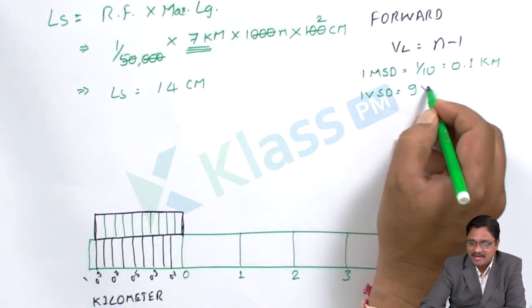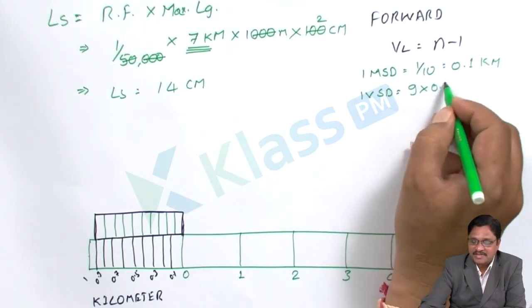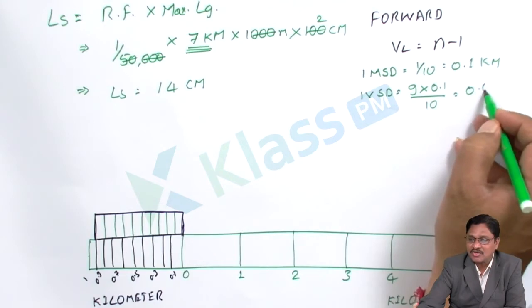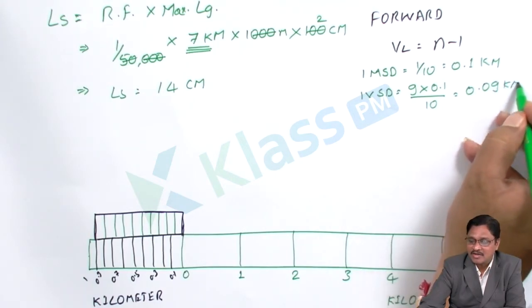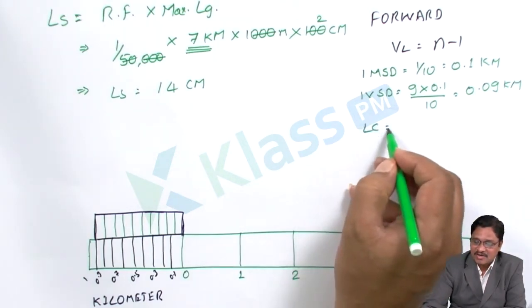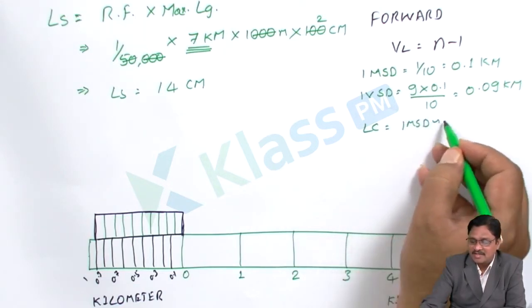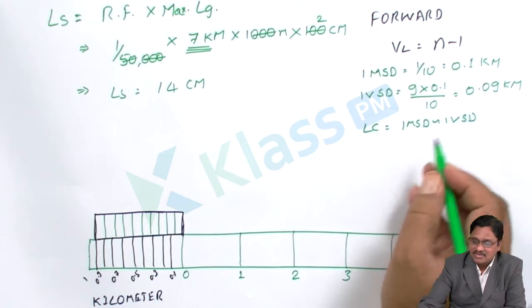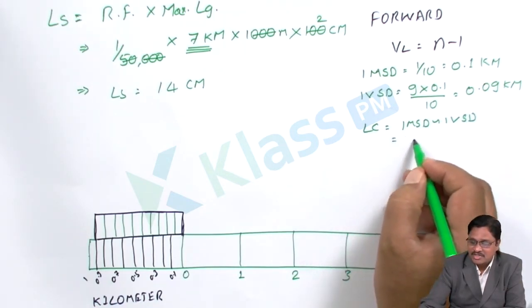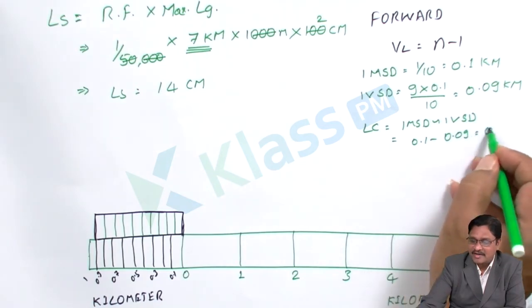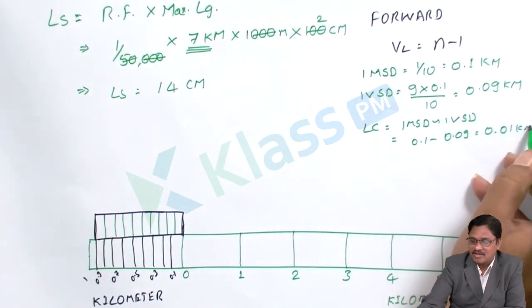So 9 into the value of each division, 0.1 divided by 10, gives 0.09 kilometer. Next, the least count of the instrument is 1 MSD minus 1 VSD, which equals 0.1 minus 0.09, giving 0.01 kilometer.